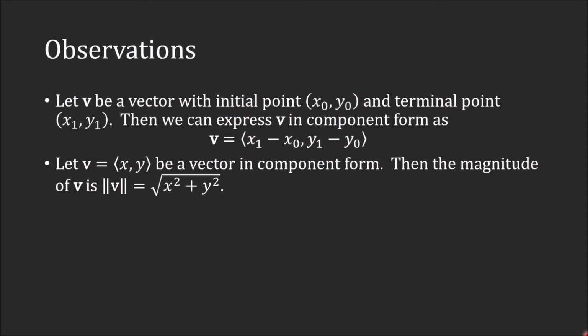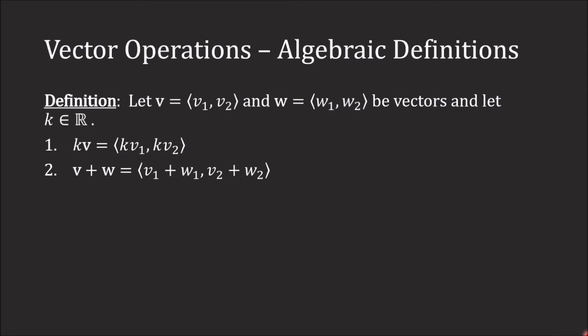Now that we know component form, we can define the vector operations algebraically. So v is the vector v1, v2, w is the vector w1, w2. We're going to let k be a real number. Well, then k times v is kv1, kv2.